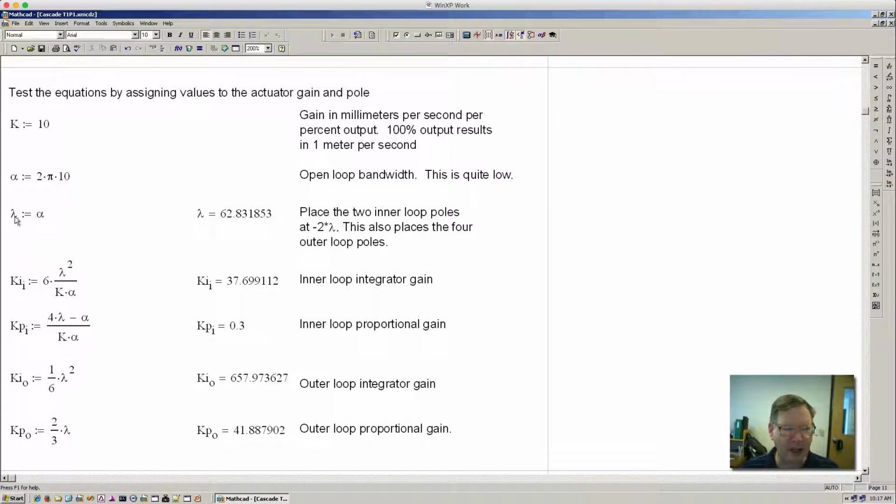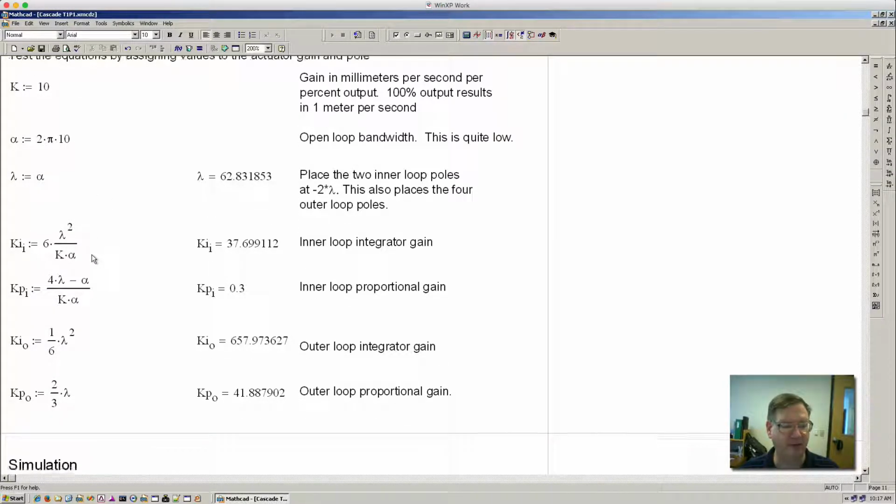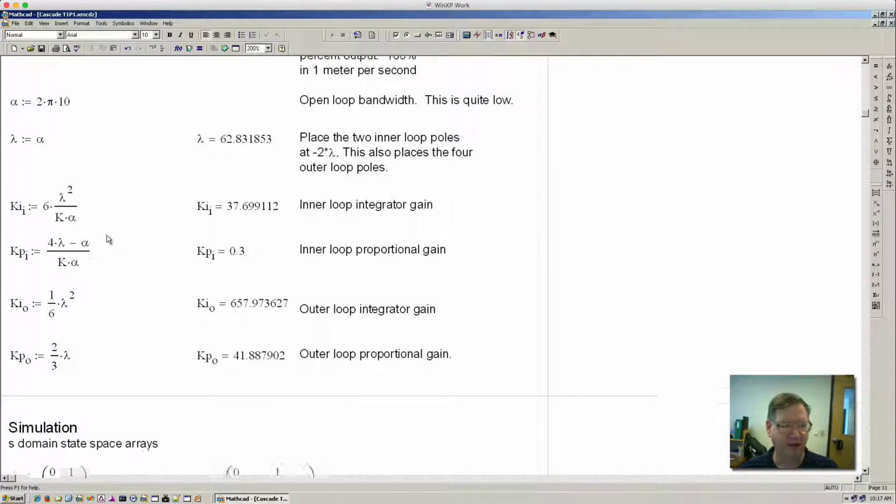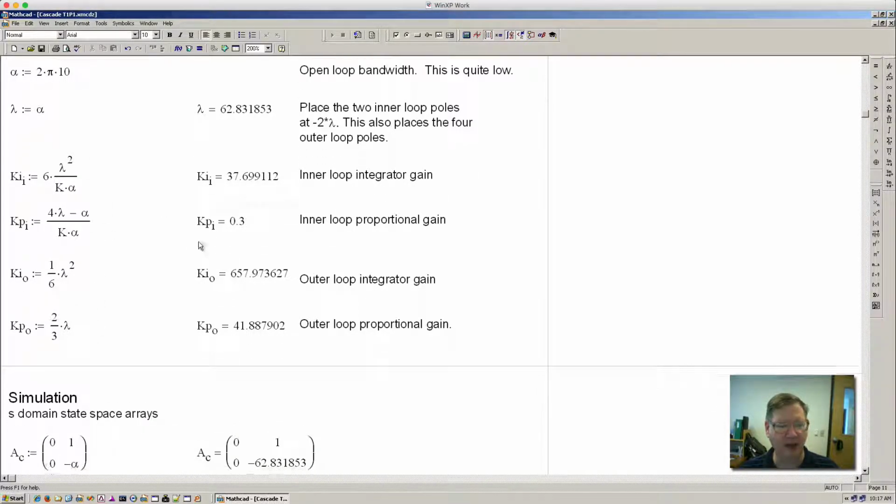I want to place all four poles at the minus alpha point, which says -2, and I can do that also. I'm going to use these symbolic equations that use the parameters up above, and you can see I have the inner loop integrator, inner loop proportional, outer loop integrator, and outer loop proportional terms.